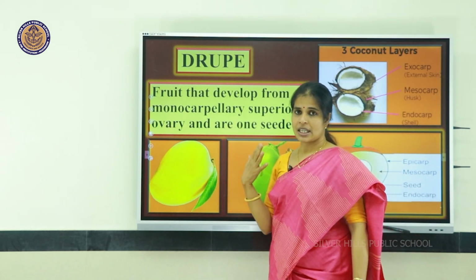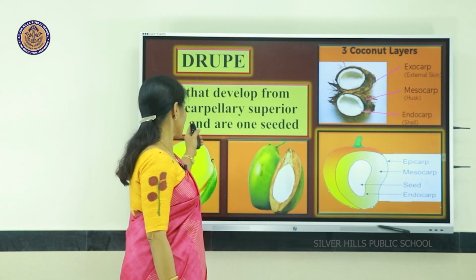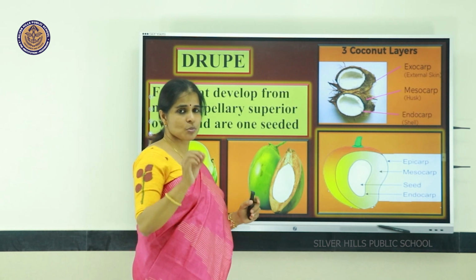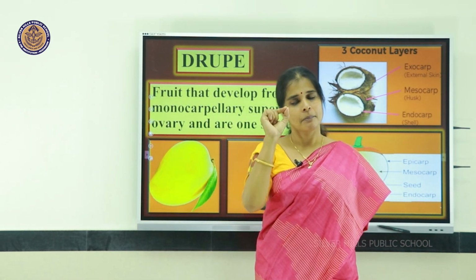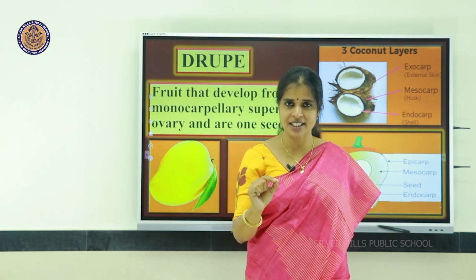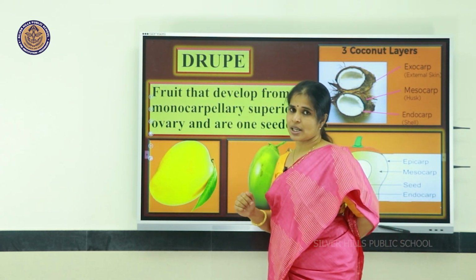If a fruit develops from a monocarpellary condition, such fruits are generally known as drupe, which must have only one seed. Why only one seed? Inside the monocarpellary ovary there is only one single ovule that is fertilized and converted into a seed.